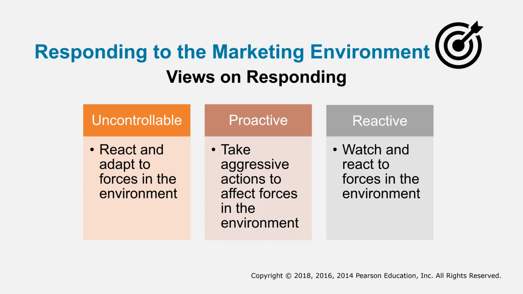There are three approaches. One is the uncontrollable approach. If there's an earthquake, that's uncontrollable, and how we react and adapt to that force of nature, which would be a natural macro environment factor, is one approach that marketing could take. The other approach would be a proactive approach.